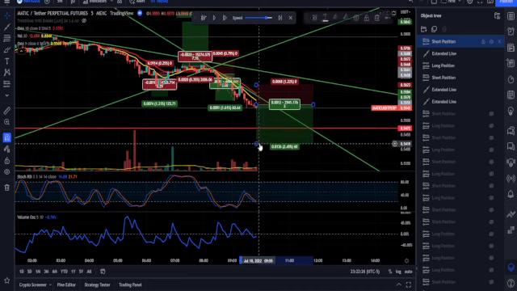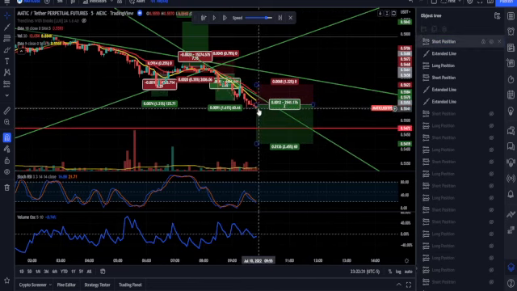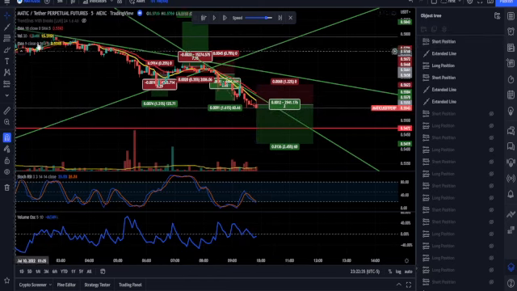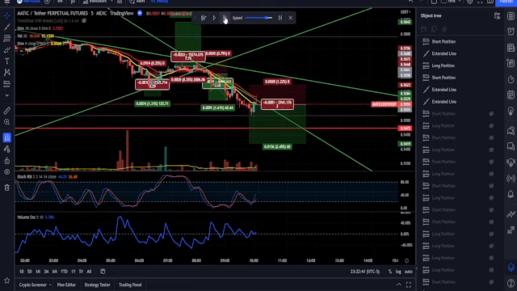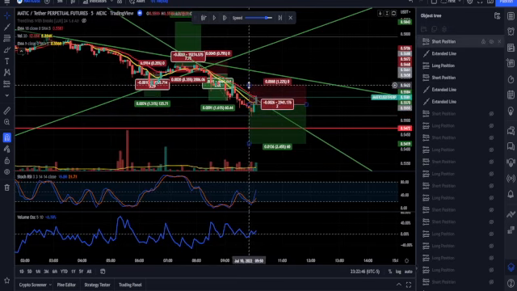So there's our 2 times risk. Now, same as before, if we break the trend, we get out. So let us continue forward. And there's a candle below our trend.